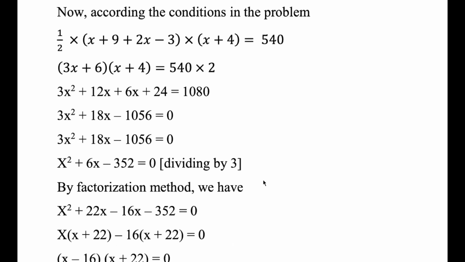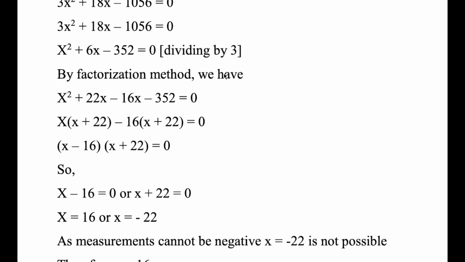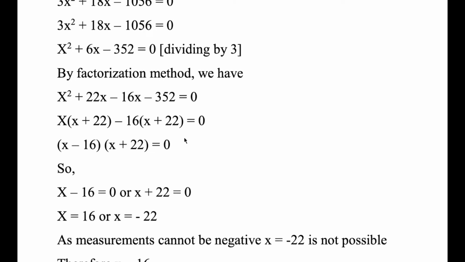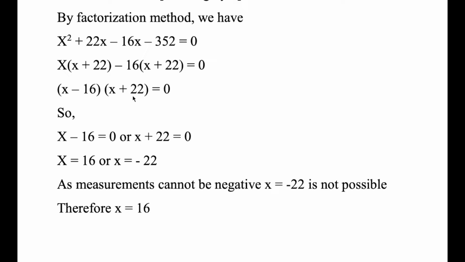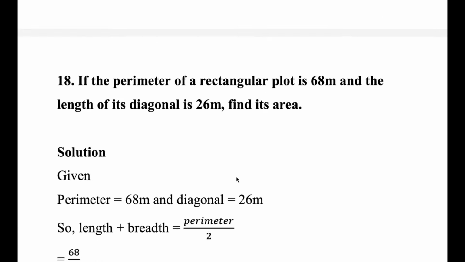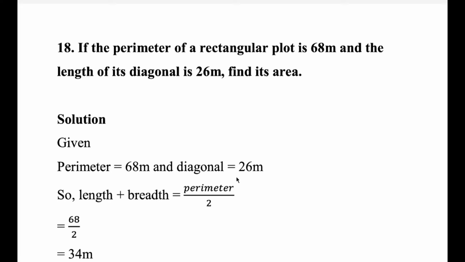Again divided by 3, just reduce the burden on the equation. After that middle term factorization, all sums are similar type. So x will be equal to 16 or minus 22. So here minus 22 is not possible as it is a negative figure. Therefore x will be equal to 16 will be the answer. Come to the next problem.